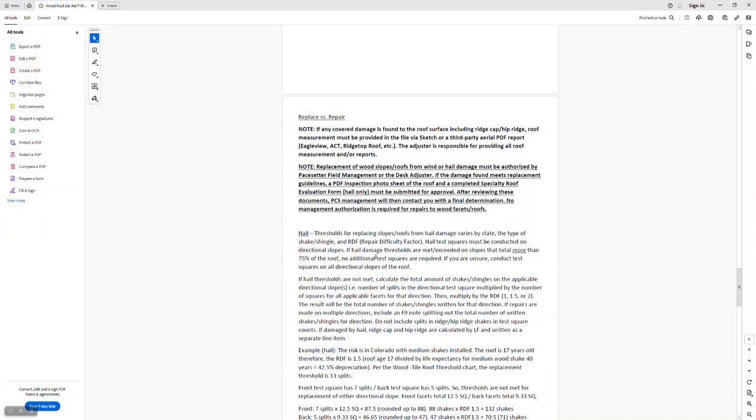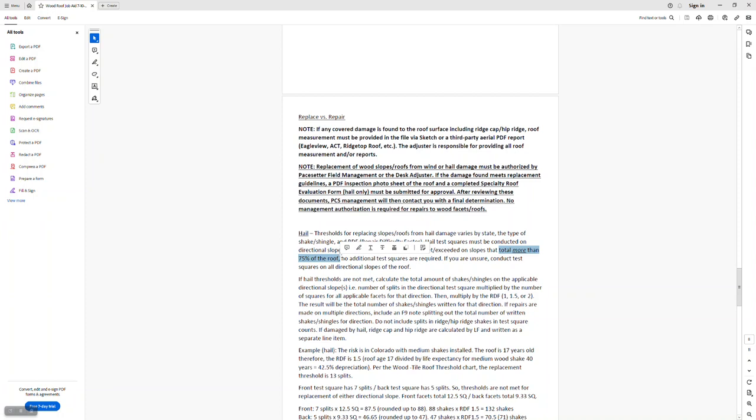With some carriers, for instance with hail, they may need higher thresholds. For instance, with AFIX, you have to have more than 75% of the roof meeting thresholds before you can replace the entire roof. An example of what's different is that with AFIX on composition roofs, you only need to be over 50% meeting thresholds.